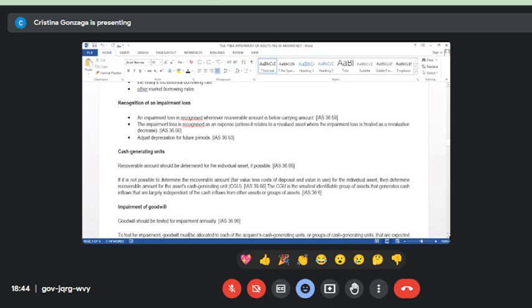Kung maaalala nyo sa intermediate accounting, yung merong isang cash generating unit consisting of identifiable assets and goodwill. Kapag nagkaroon ng impairment loss, saan mo i-charge yung impairment loss? Unang-una, i-charge mo siya sa goodwill until the goodwill is exhausted. Kapag meron pang natira na impairment loss after exhausting the goodwill, then the remaining impairment loss will be allocated to the remaining identifiable assets that are to be disposed. Siguro naman naiintindihan nyo yon.